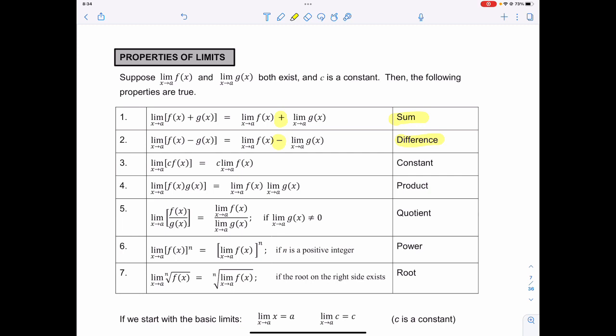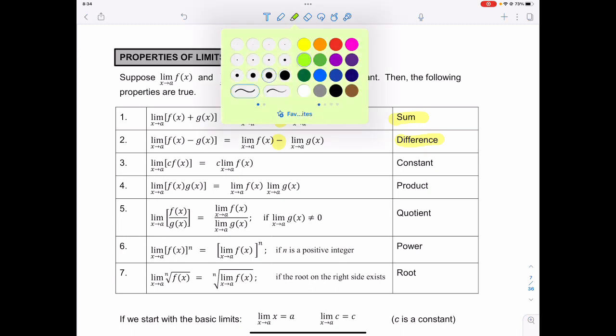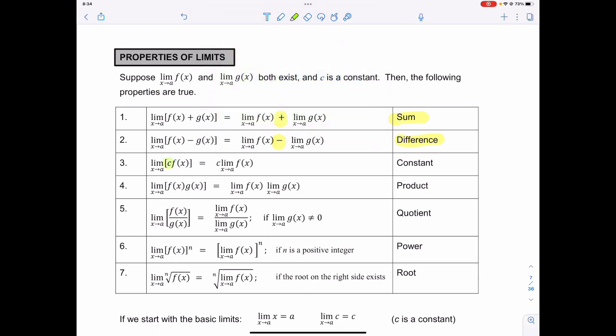For the constant, the limit as x approaches a of c times f of x would have to be if I just took c and multiplied it by the limit as x approaches a of f of x, remembering that c is constant in this case.